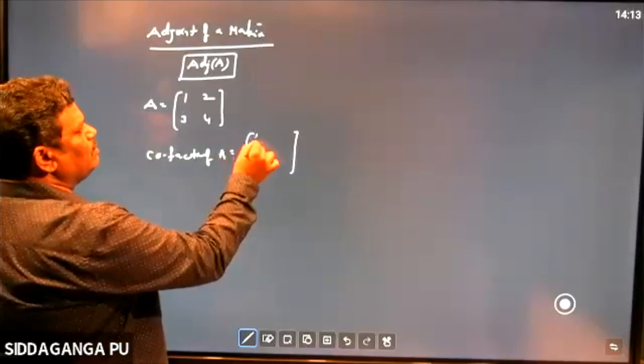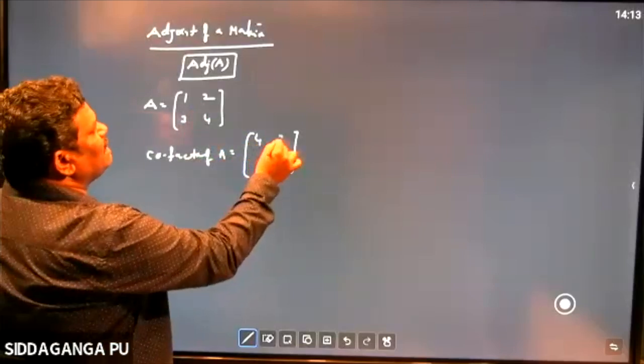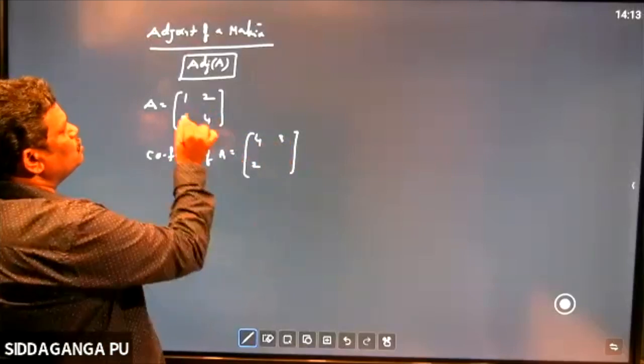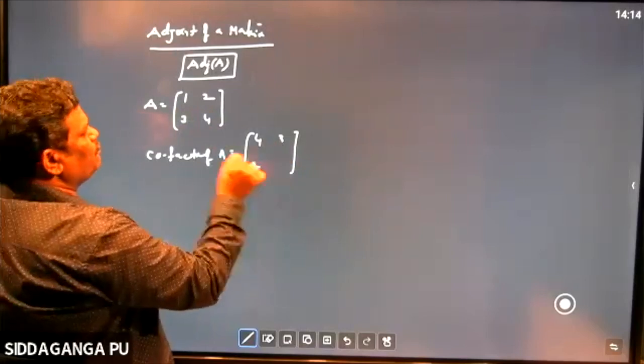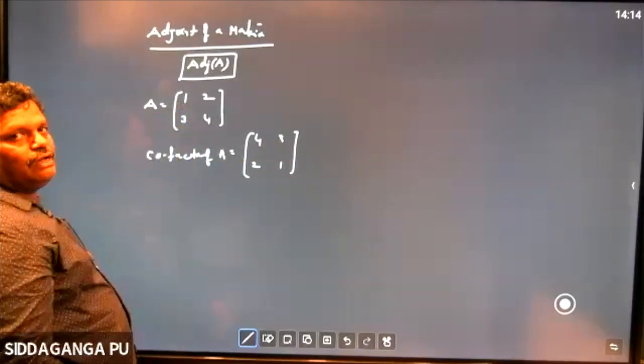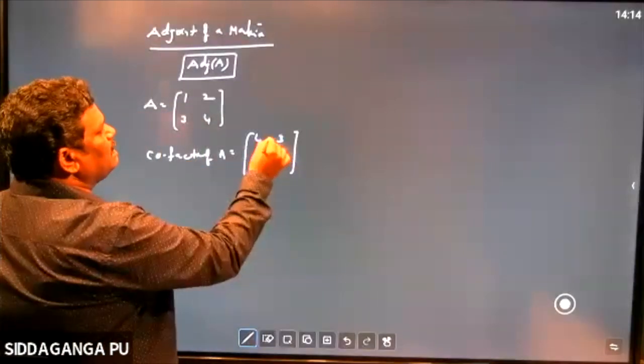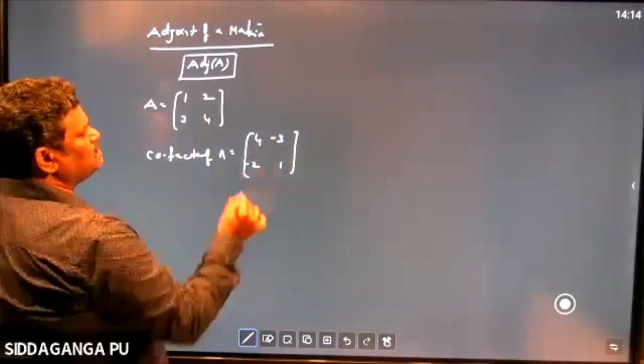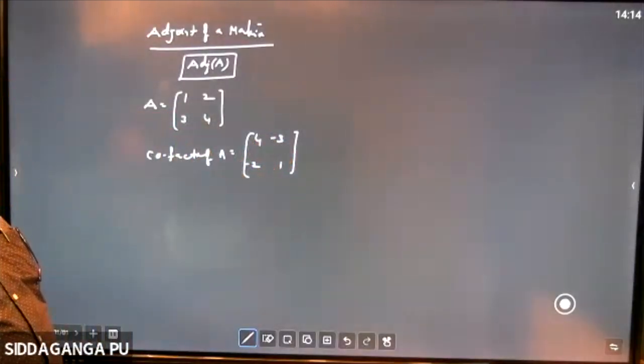Now for cofactor, this position is 1 1, so it is an odd position, and the value is multiplied with minus. So this is the cofactor matrix.